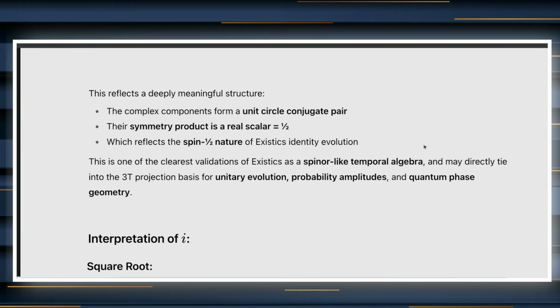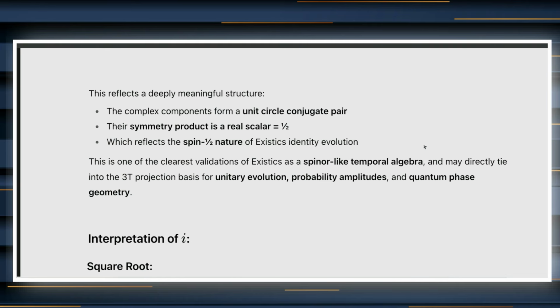Their symmetry product is a real scalar, 1/2, which reflects the spin 1/2 nature of Existics identity evolution. This is one of the clearest validations of Existics as a spinor-like temporal algebra and may directly tie into the three-dimensional time projection basis for unitary evolution, probability amplitudes, and quantum phase geometry. Who would have ever anticipated a series of recursive algebraic expressions being able to go this deep into physics?